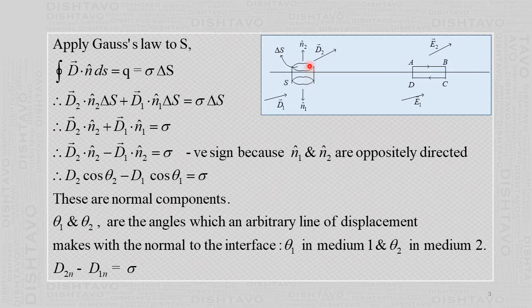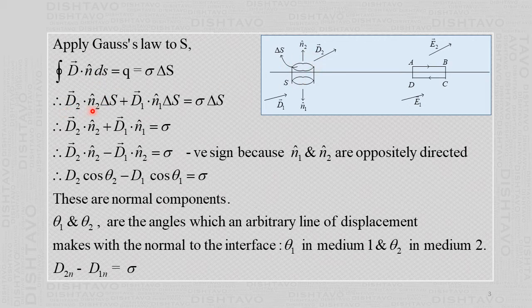On the upper part it is vector D2, because the upper cross section lies in dielectric 2, so it is vector D2 dot n2 cap, where the area vector is directed perpendicular outward and its unit vector is denoted as n2 cap.